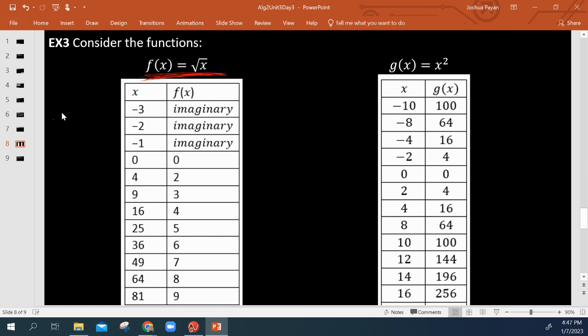If we go to the left of zero, anything less than zero, well, we have imaginary numbers. And if we just continue, we start getting larger gradually for bigger values of x, and we see that there's no repeating values.